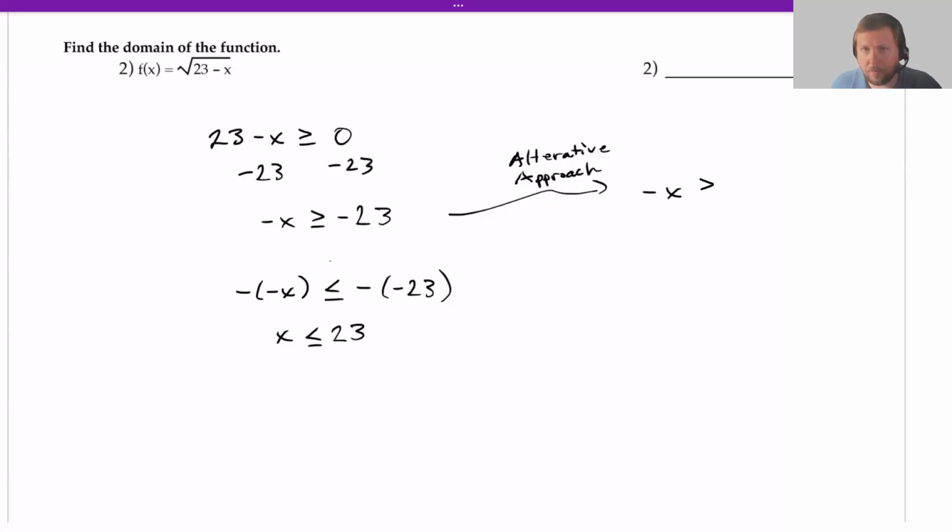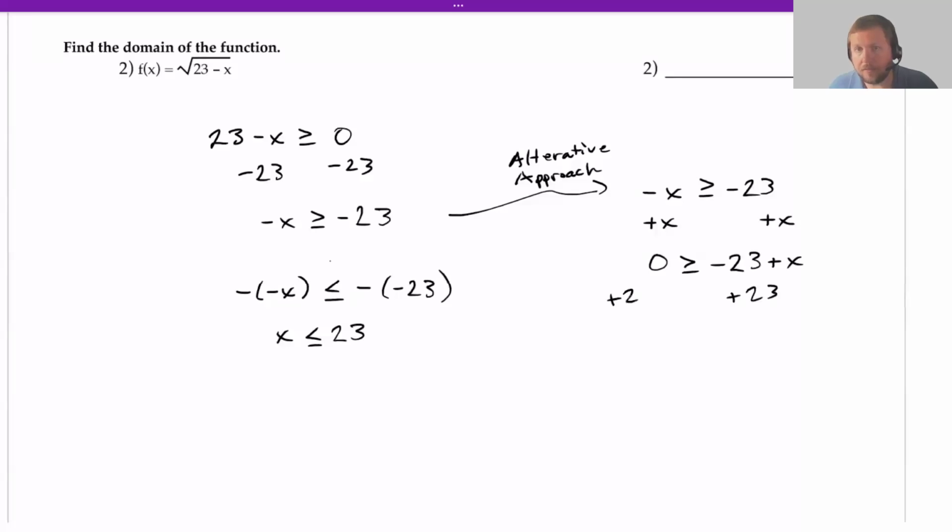So at this point, instead of doing that multiplication, we can add the x to both sides. So then we have 0 is greater than or equal to negative 23 plus x. And then we can add the 23 to both sides. So then we have 23 is greater than or equal to x.